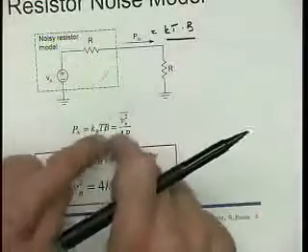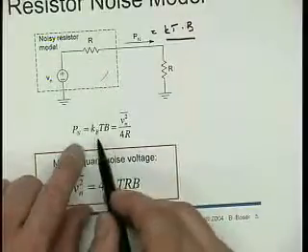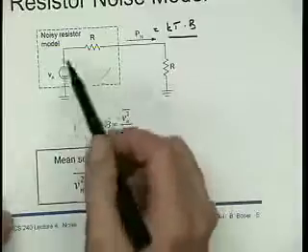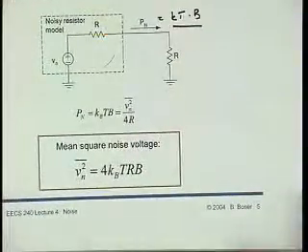Only to this resistor we divide by 4. So this kTB is equal to Vn squared, the power delivered by the source, divided by 4R.